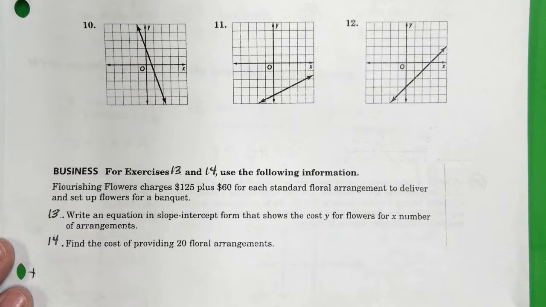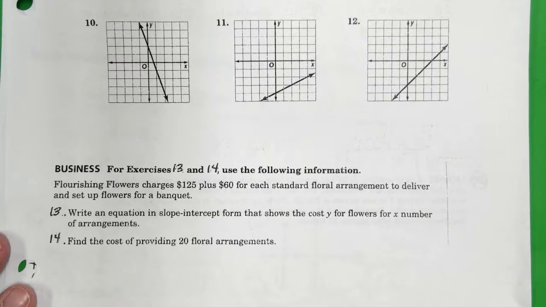Flourishing Flowers charges $125 plus $60 for each standard floral arrangement to deliver and set up flowers for a banquet. Well, we don't have ordered pairs like we had in that last example, but way back when we did two-step equations, we always asked ourselves what number went with the variable x. And we told ourselves that when we're looking for the number that goes with x in a word problem, look for per or for each.